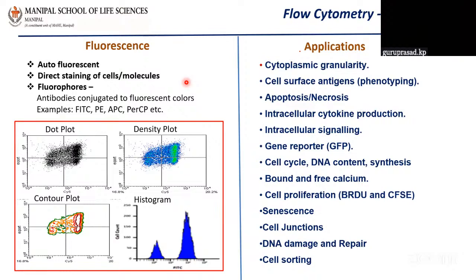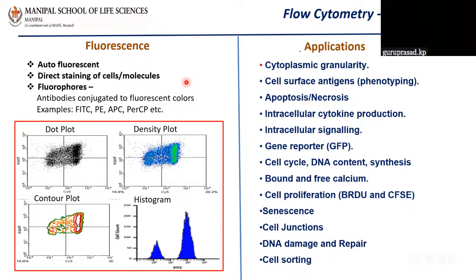Suppose I take antibody A and connect FITC, a fluorescent dye, to it. When that fluorescent antibody A binds to antigen A of the RBC, even if there is no agglutination, if you observe under a fluorescent microscope, those cells emit green color. So that means you are staining the cells indirectly.